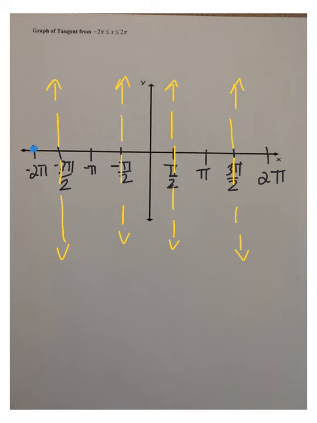So your graph goes to the asymptote, so it's going to come up to the asymptote. Remember, an asymptote means the graph is approaching, but it's not going to cross. Okay, so that's your tangent graph from negative 2 pi to positive 2 pi.